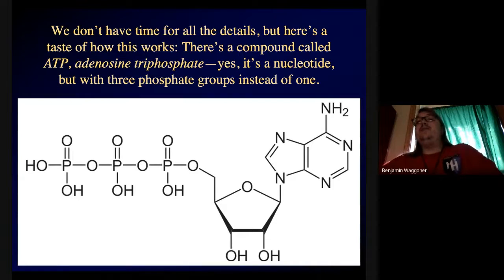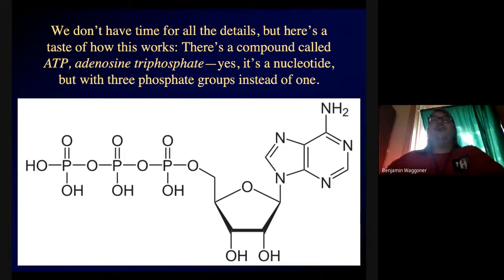To its left, that pentagon with the oxygen stuck on, that's a sugar, that's ribose. And then on the left, you have 3 phosphate groups instead of just 1. That is 3 phosphate groups stuck one to the other.